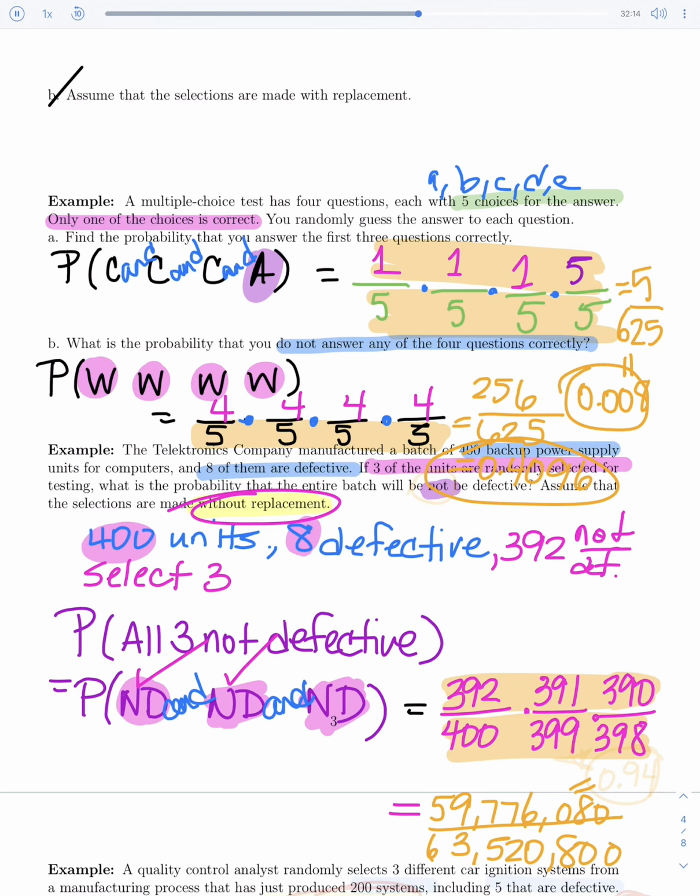So I need to take my 59,776,080 and divide that by my 63,520,800. And I get 0.94. And what that means as my final answer is that the probability of the entire batch not being defective is 94%.